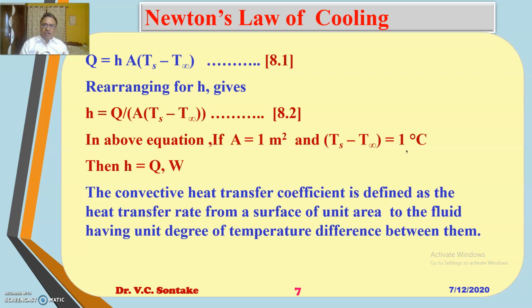You take any plate of unit area and you maintain the temperature difference between that plate and that fluid as unit degree. Whatever heat transfer rate is taking place from plate to the fluid by virtue of temperature difference and convection mode, that heat transfer rate is called the convective heat transfer coefficient.